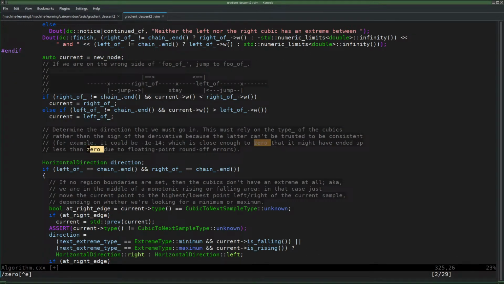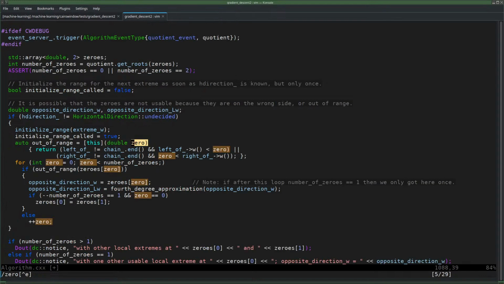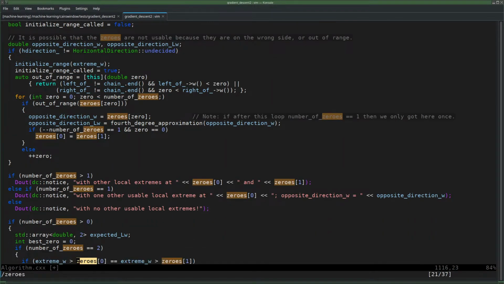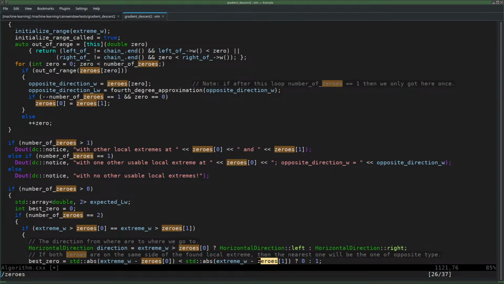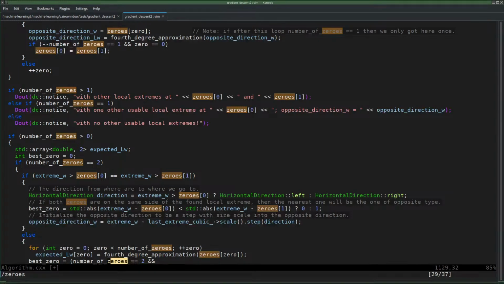Very good, that wrapped around already. So we are here. I'm going to look for zeros. It's all the same thing. Number of zeros, the zeros array, number of zeros.